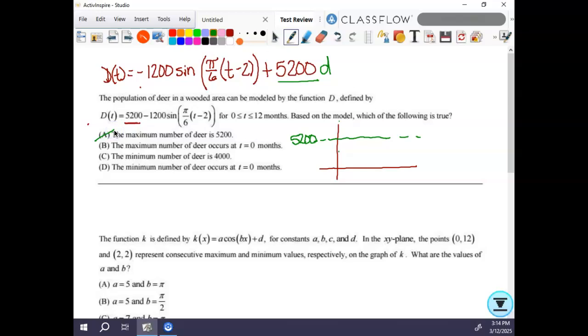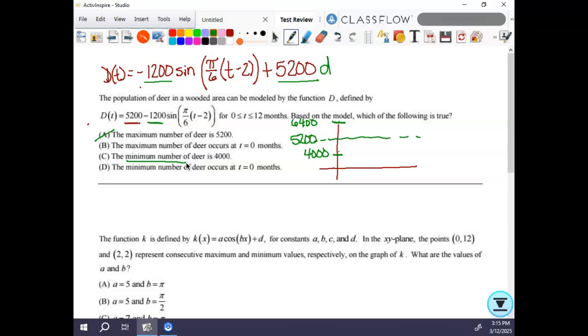My amplitude is 1200. So if that's at 5,200, then I would have my minimum is at 4,000 and my maximum would be at 6,400. Okay. It does say I do have the minimum number of deer is 4,000.